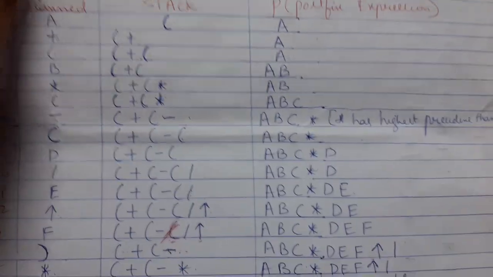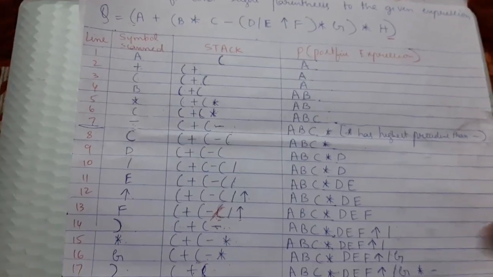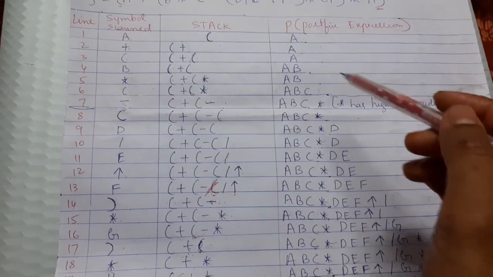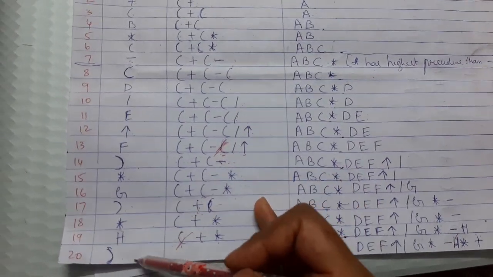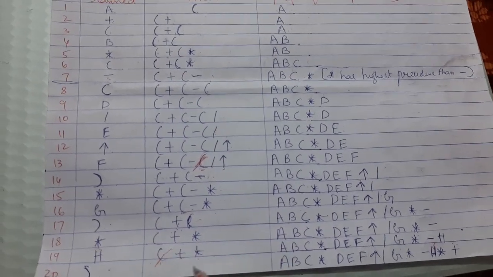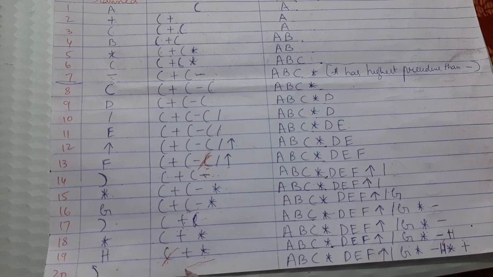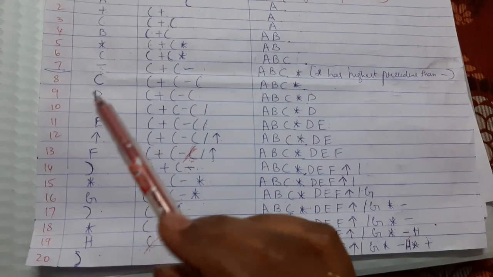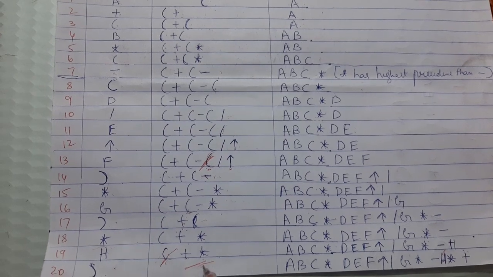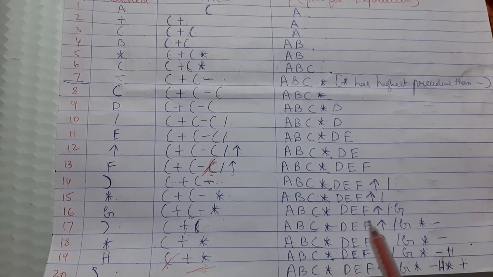When you convert an infix expression to postfix expression, how do you find out whether what you have done is correct or wrong? See here, you can observe that we have scanned all the symbols, we have reached the end of the expression, and also the stack is empty. After you scan all the symbols in the expression, if you have an empty stack, then whatever you have done is correct.